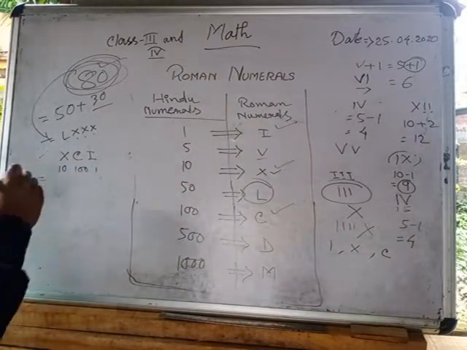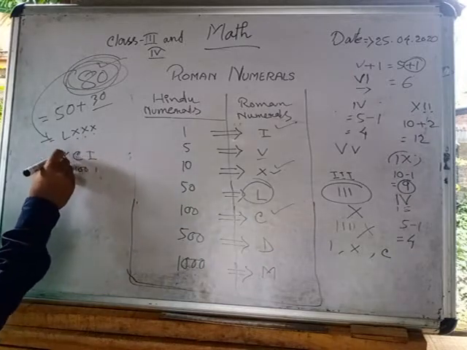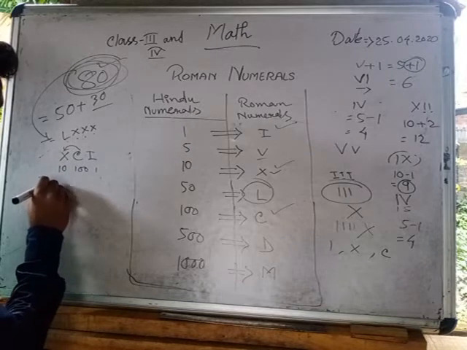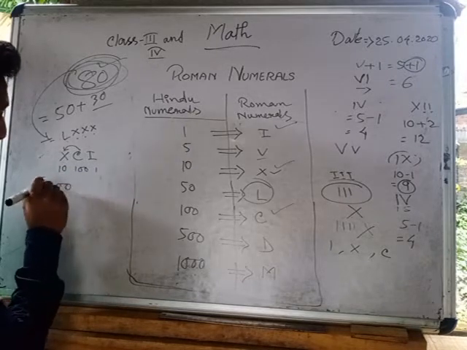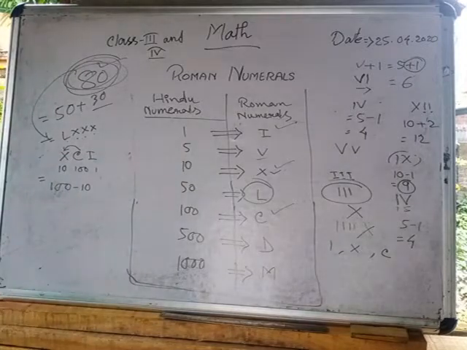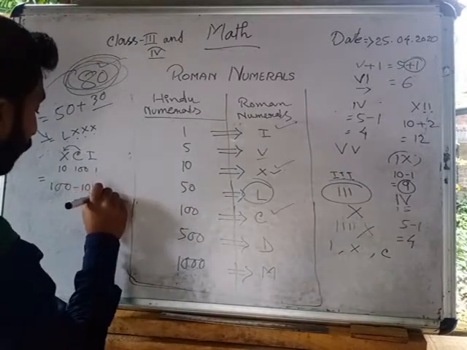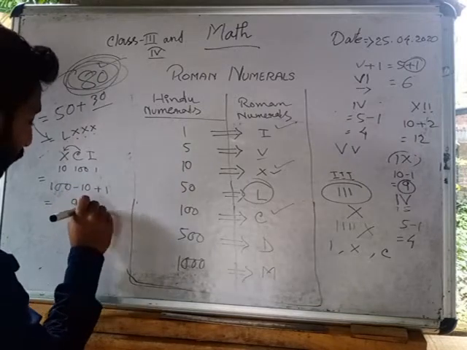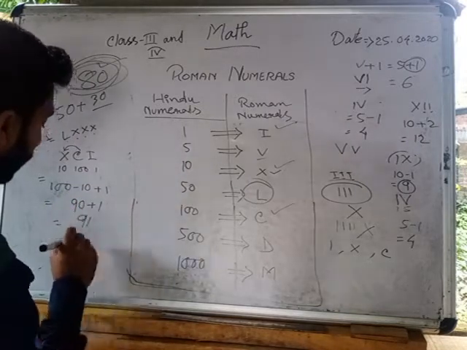If the smaller number is on the left side of the greater number, we subtract it: 100 minus 10 is 90, plus 1, that means it is 91.